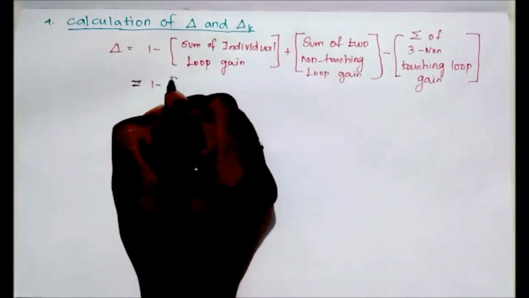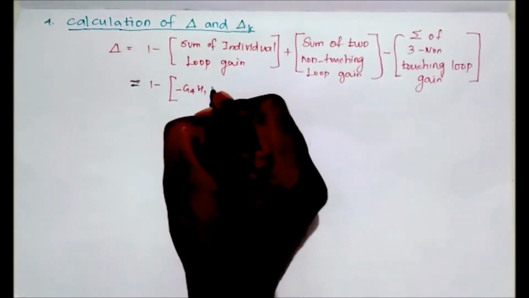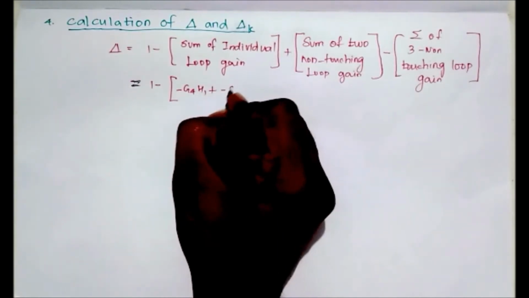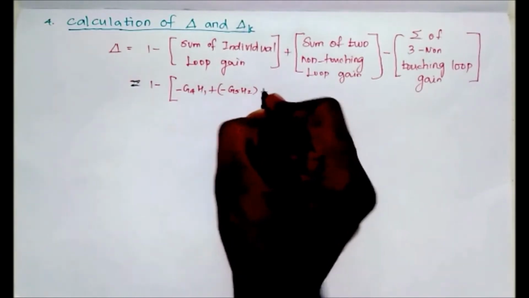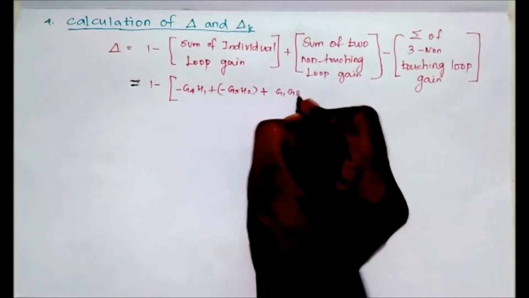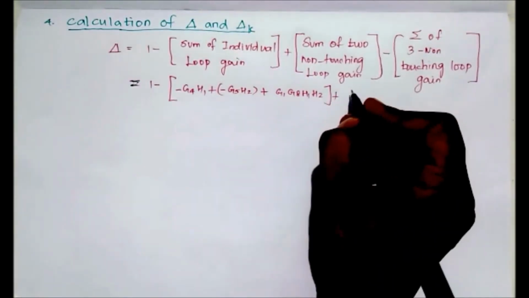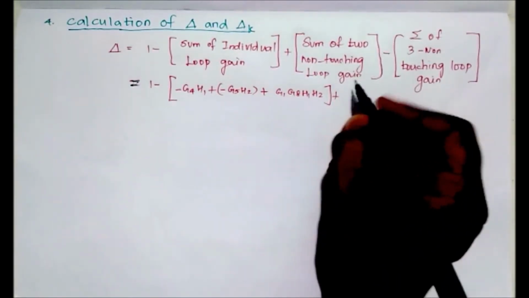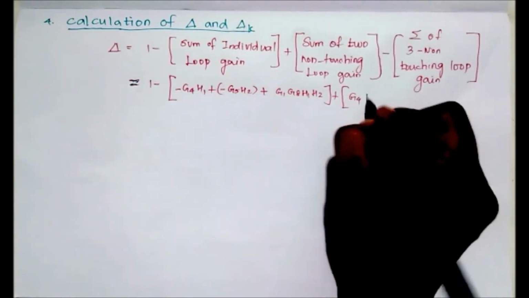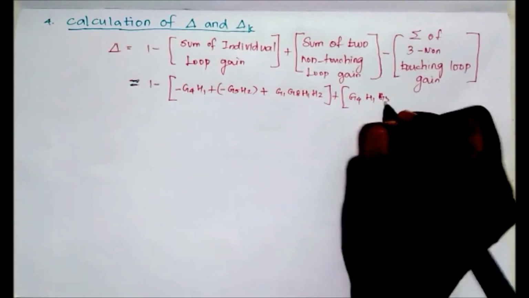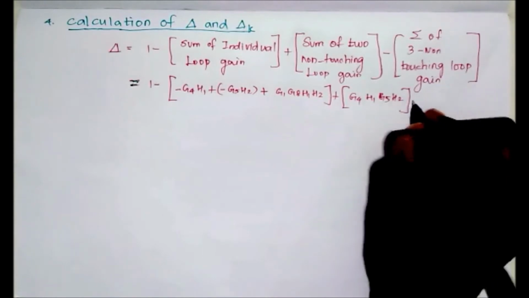Its gain values are minus G4 H1 plus minus G5 H2 plus G1 G8 H1 H2, plus the sum of two non-touching loop gains. Its value we already found, G4 G5 H1 H2. After that there are no three non-touching loops.